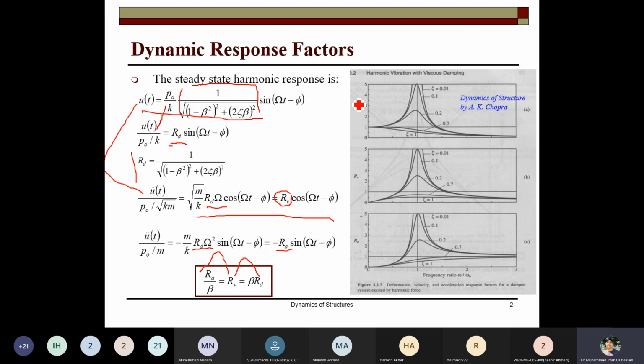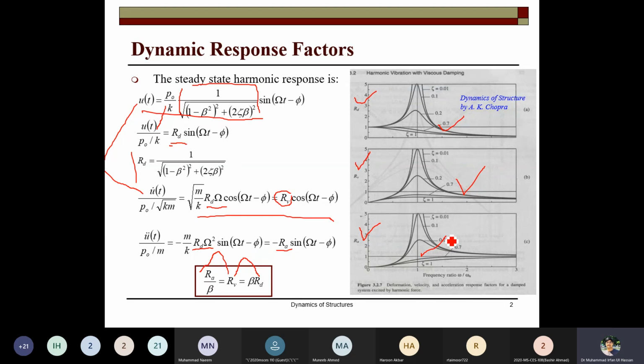When you plot RD as a function of beta, you get this response. When you plot RV as a function of beta, you get this response. When you plot RA as a function of beta, you get this response. The point is that in structural engineering dynamic analysis, acceleration, velocity, and displacement are interlinked.